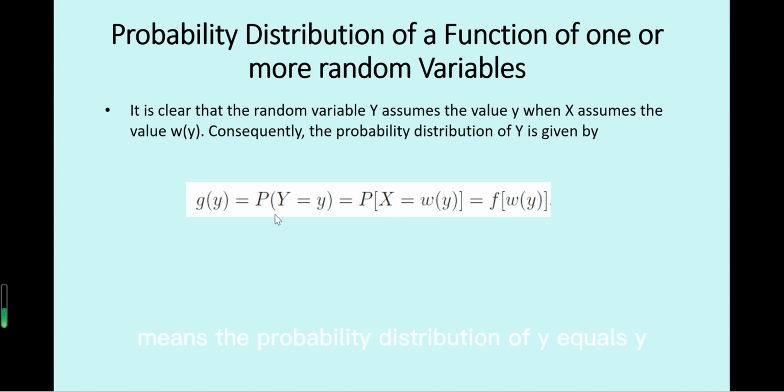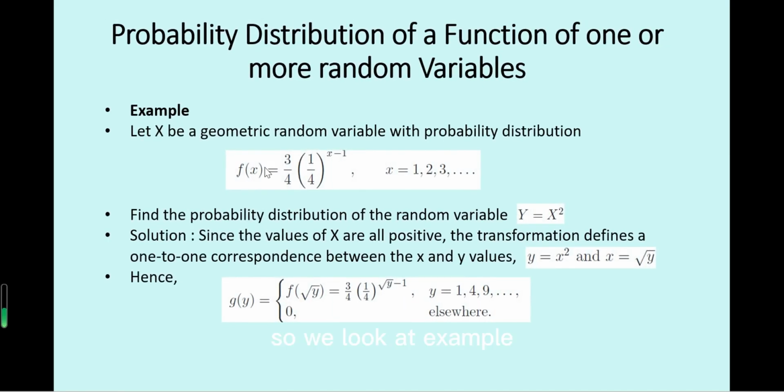So the probability distribution of Y at y is the same as the probability distribution of X at w(y). Here f is the distribution for X, so we just fill in x with w(y), giving f(w(y)).